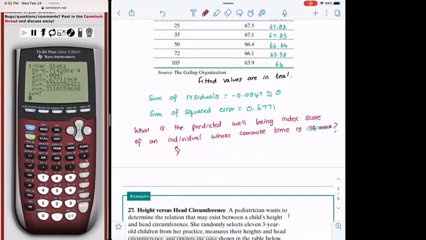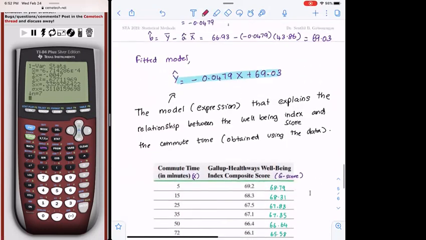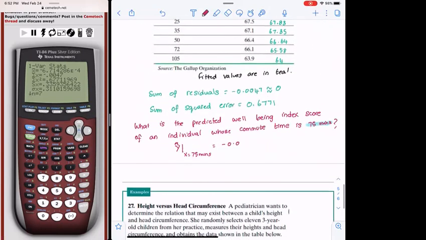So Y hat, when X is 75 minutes, is simply negative 0.0479 times 75 plus 69.03.